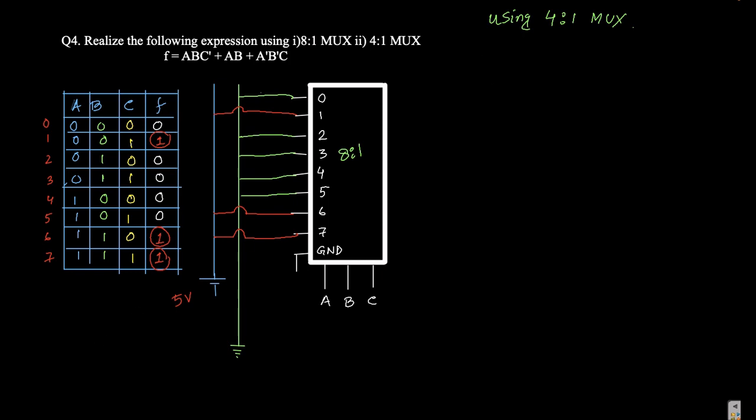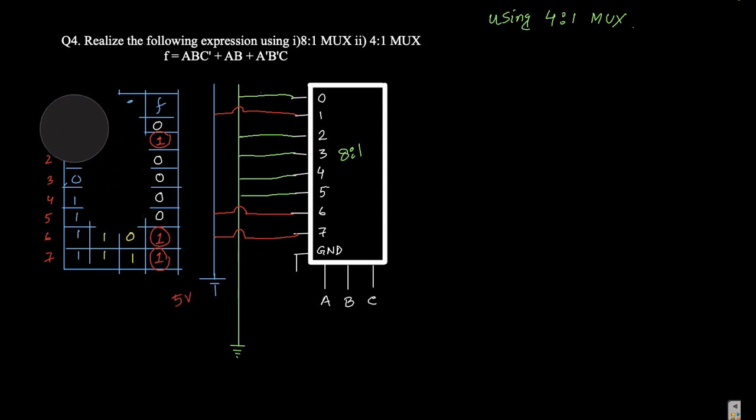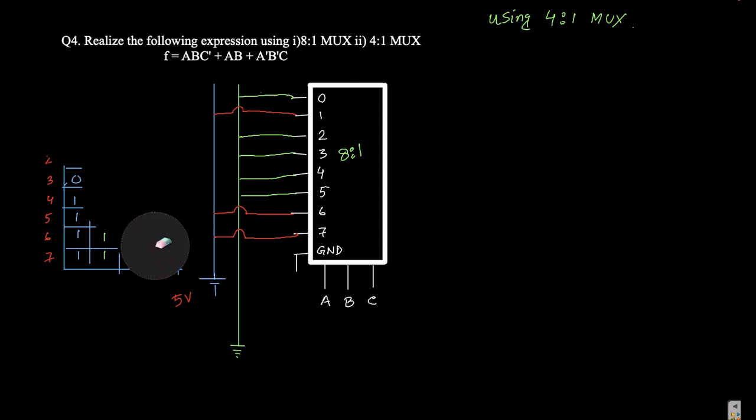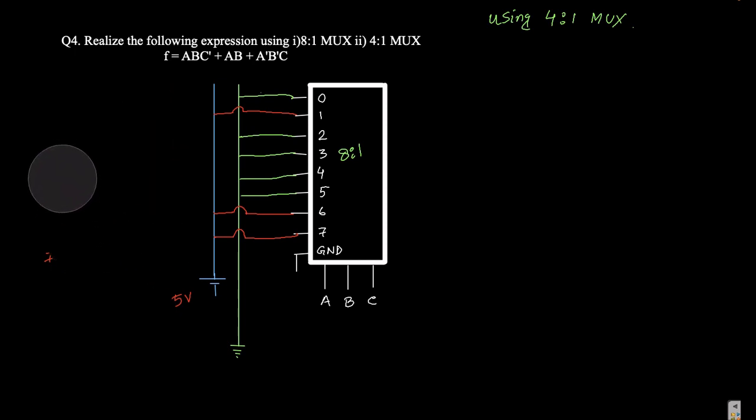So I can erase this thing, and again draw this table, because the table format is same, but we need some more space because we need some grouping over here. So we have to draw the table first.